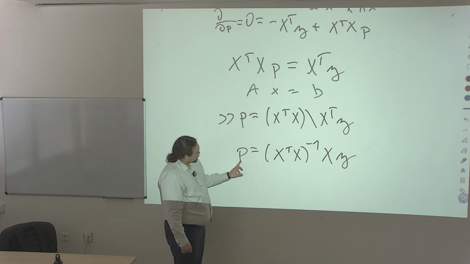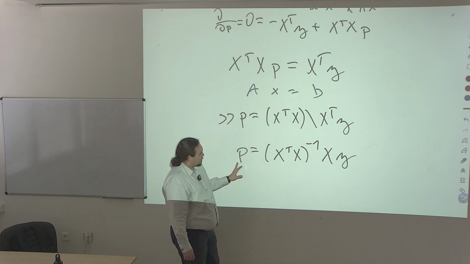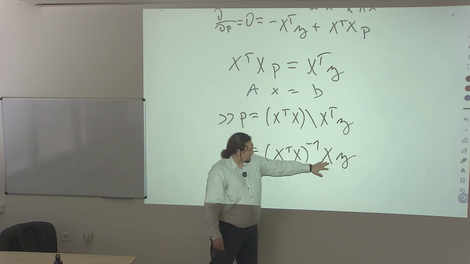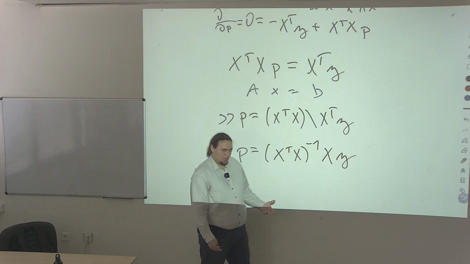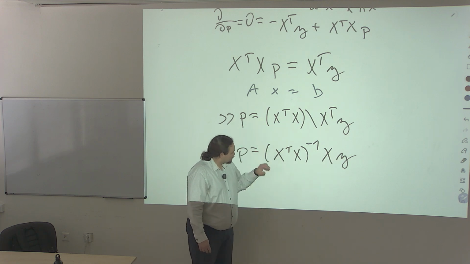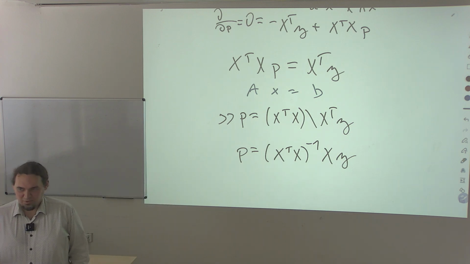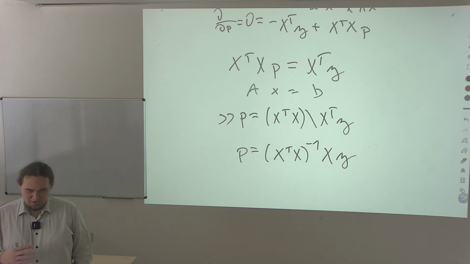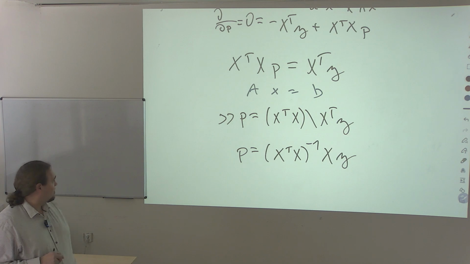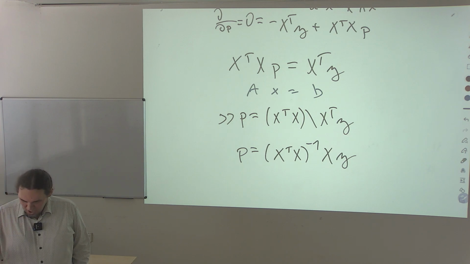The optimal parameters, the best parameters that we calculate, are just a linear combination of our measurements, with, of course, what we can expect here, some arithmetic averages.